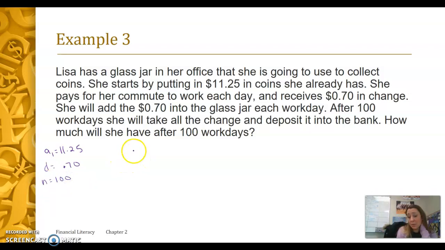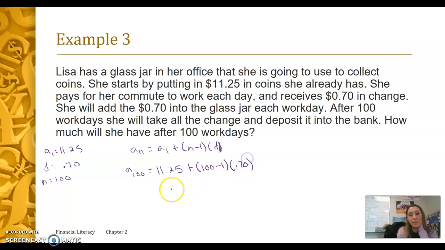So now we can just plug it in. If we use the formula that we have been using, it will look like, whoops, that's a parenthesis. All right, so then we have a sub n, so a sub 100 is equal to 11.25 plus 100 minus 1 times 0.70.